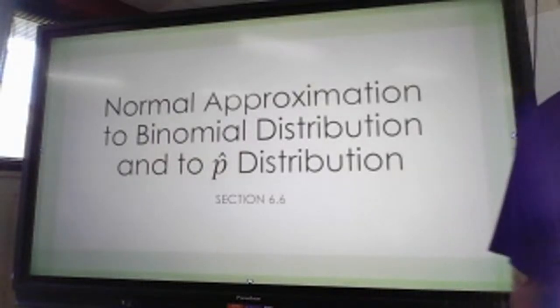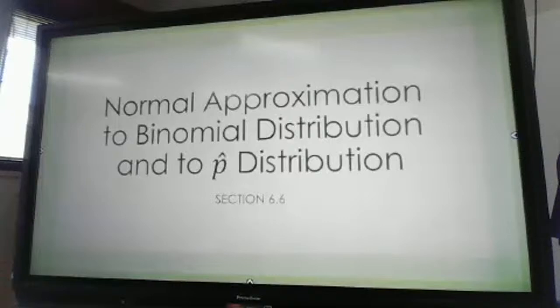This last section here in chapter 6 uses normal approximations for binomial distributions and something new called p-hat distributions, or proportion distributions. Okay, so we talked about a normal distribution. We've talked about a normal curve and its properties.